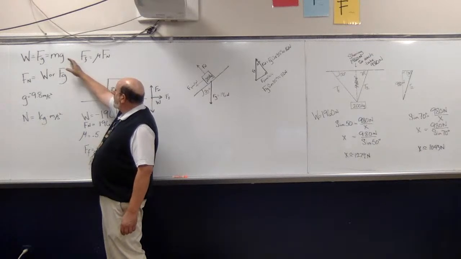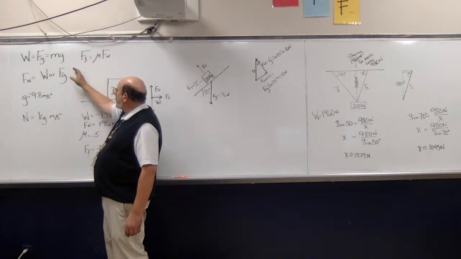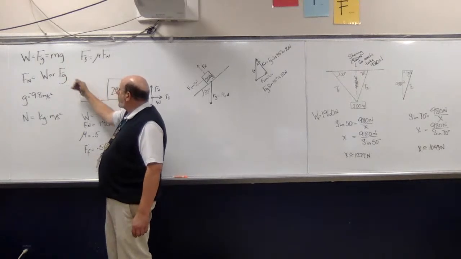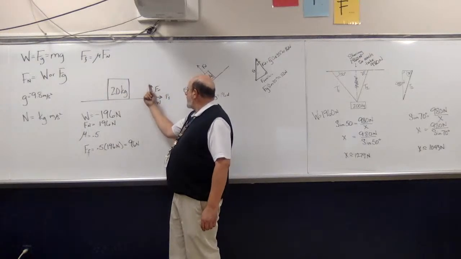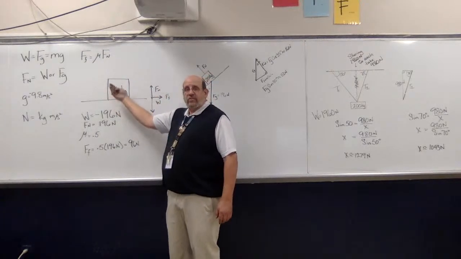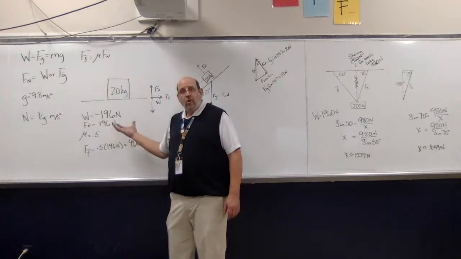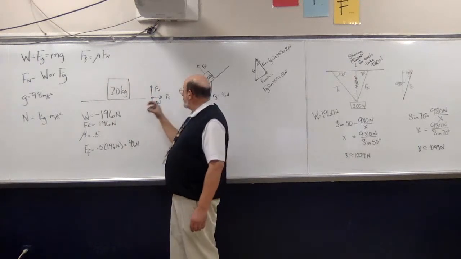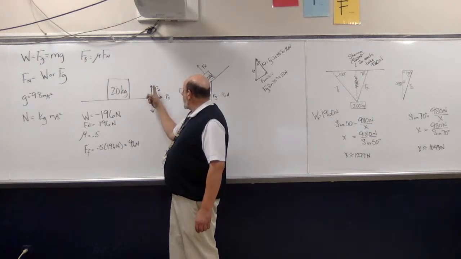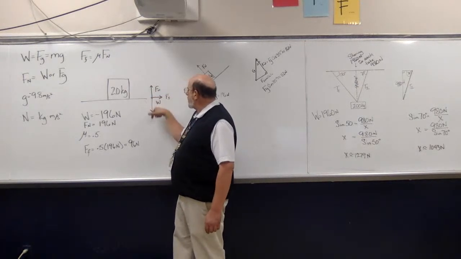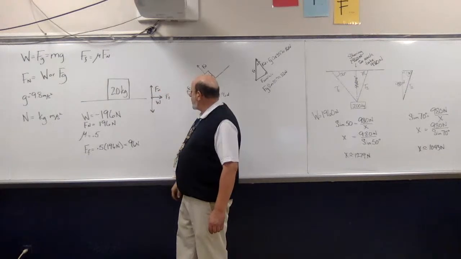So I have a whole bunch of formulas up here. The weight of the object is its mass times the acceleration due to gravity. The normal force is that perpendicular contact force that keeps this object from sinking through the floor or accelerating upward, right? So it's going to be the same magnitude, but in the opposite direction of its weight, or the force of gravity.